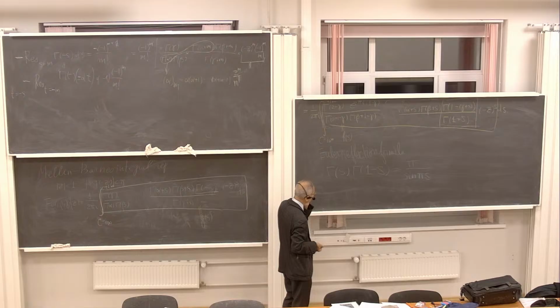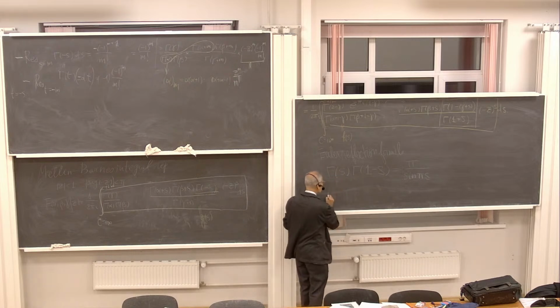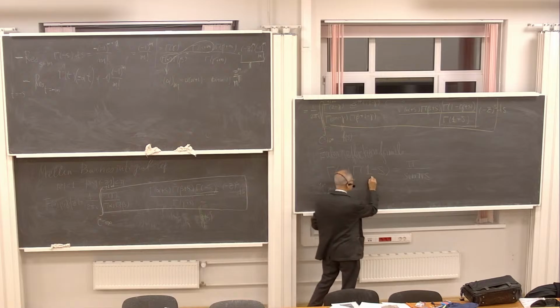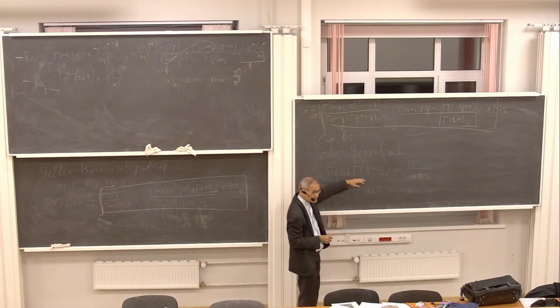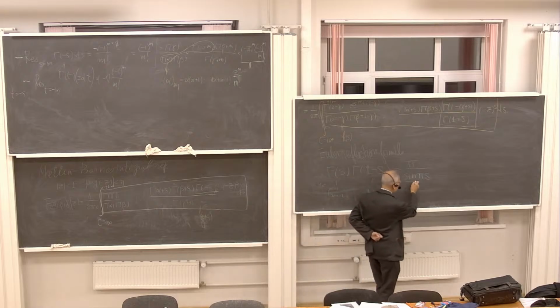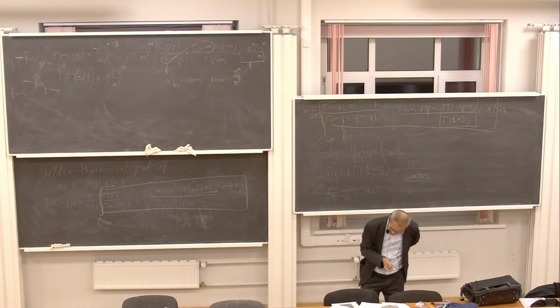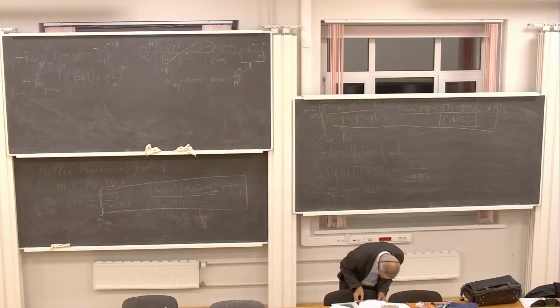There are different ways to prove it, but the important thing is that, from this you see that gamma(s) has first order poles at s equals 0, minus 1, and so on. And this one has poles at 1, 2, 3, and so on. So this function has first order poles at every integer point, and this agrees, of course, with this meromorphic function.